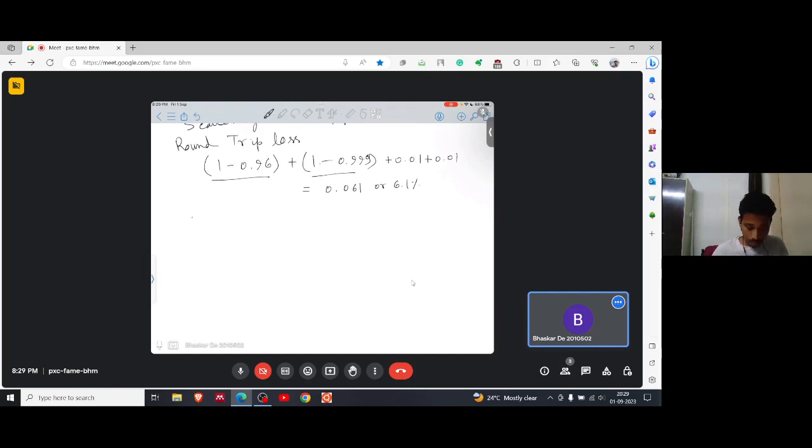Now another thing that is provided in the problem is that the bandwidth of the helium cadmium laser is 2.56 gigahertz.